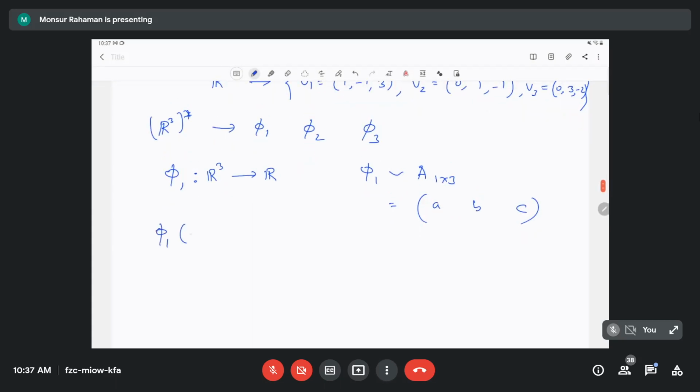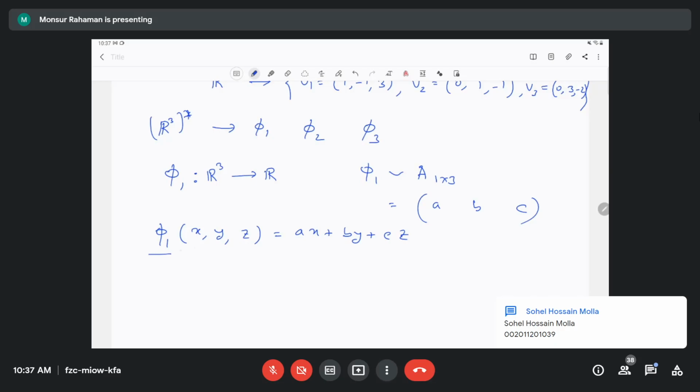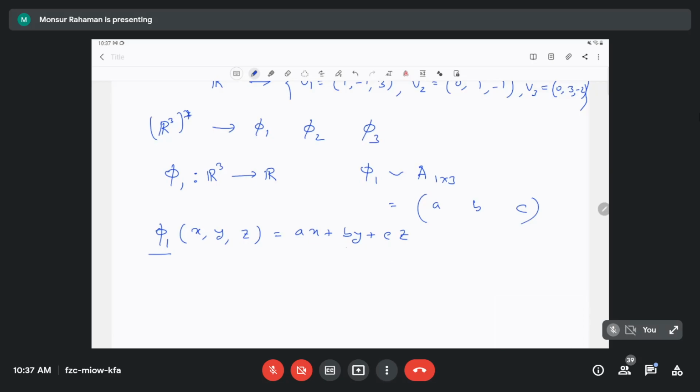So phi 1 of (x, y, z) will be ax plus by plus cz. To find this linear transformation, you need to know A, B and C. So how are you going to find A, B, C? Because you know this relation.